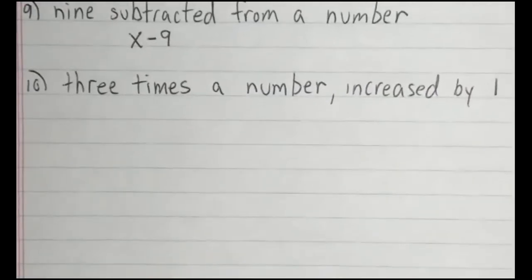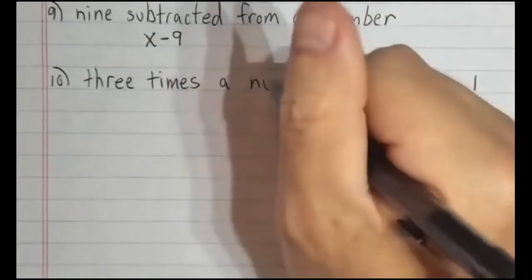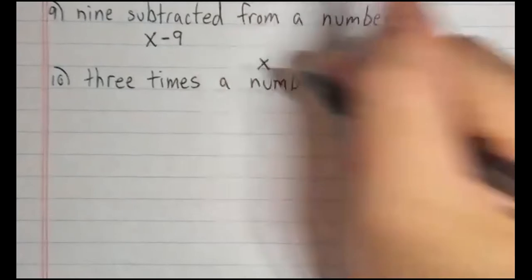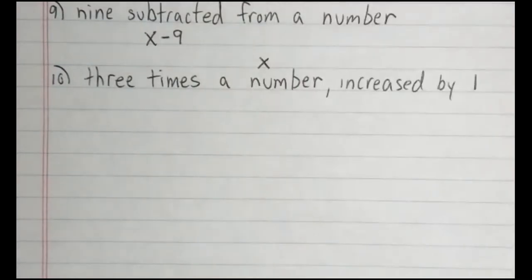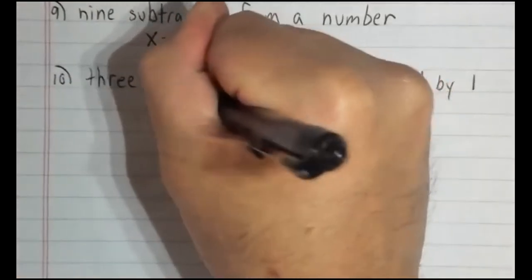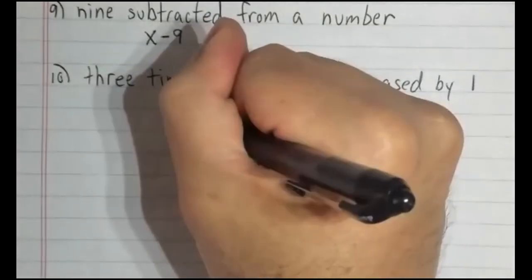All right, so this is 3 times a number. So again, a number, and it tells you to use x as your variable. So anytime we see a number, we know in this situation we're going to use x. So how do I show 3 times a number? Well, you're probably going to want to write 3 times x, okay? Remember, 3 times x is the same as 3x.